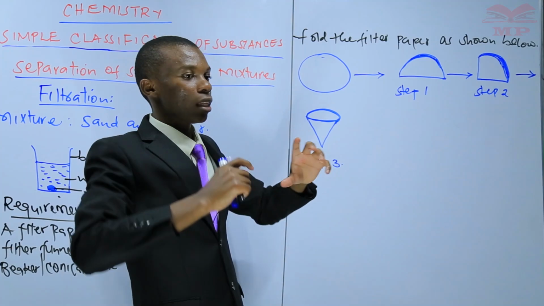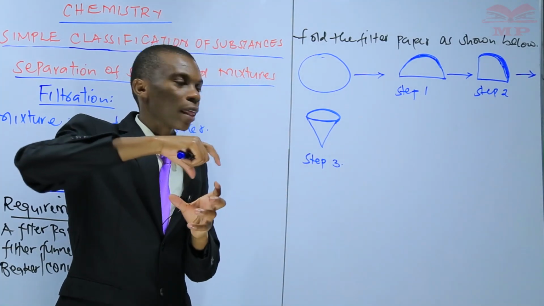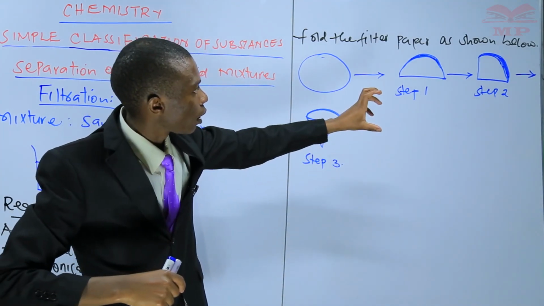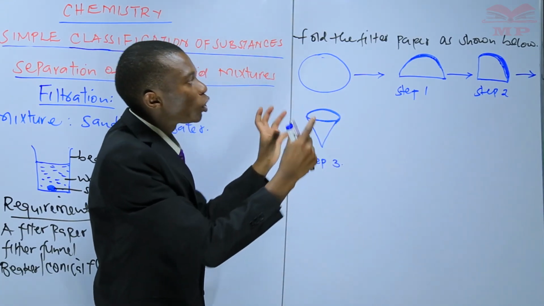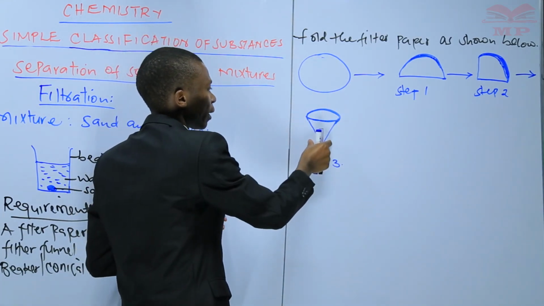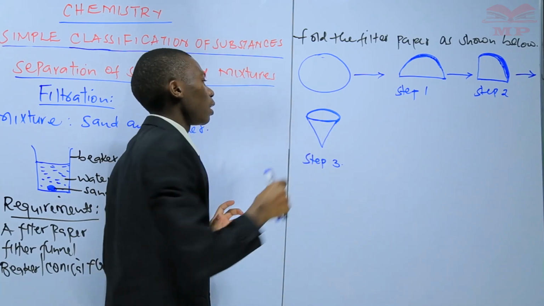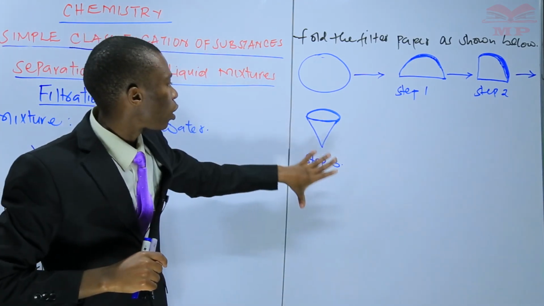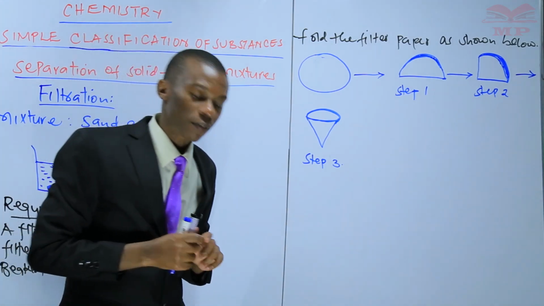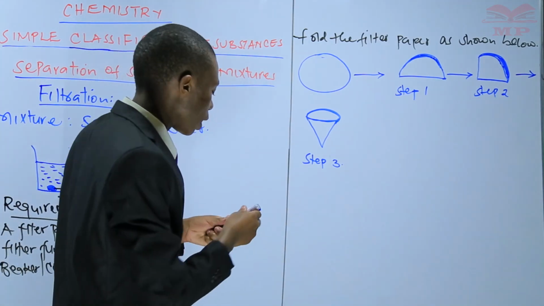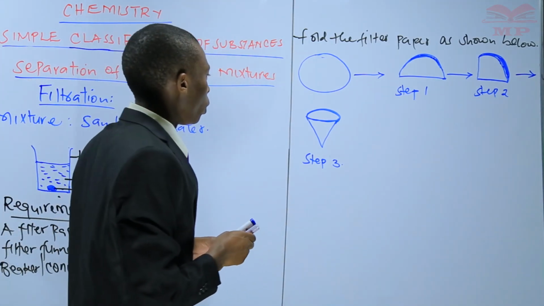Then in step number 3, you open up that quarter circle, cone-shaped structure into something like this. This is the one you fit in a filter funnel. And therefore, what you're going to obtain will be like this.